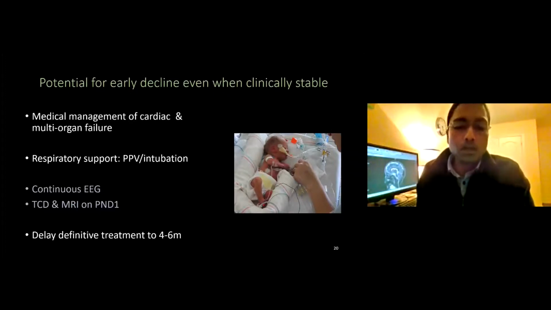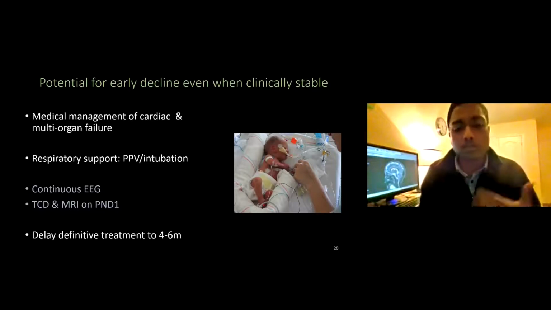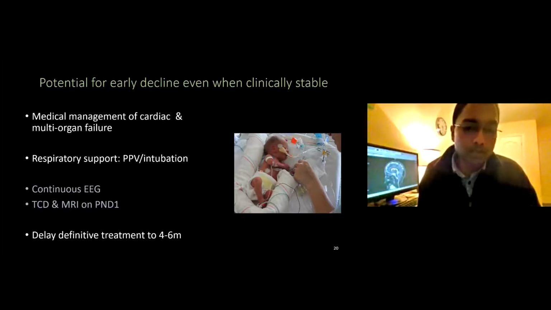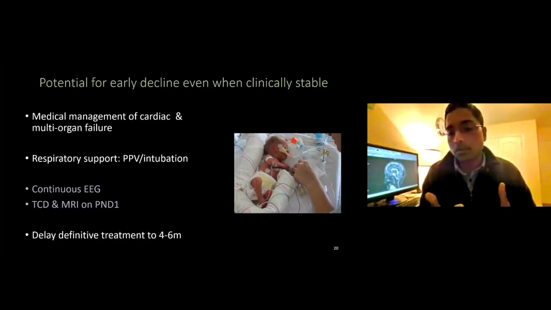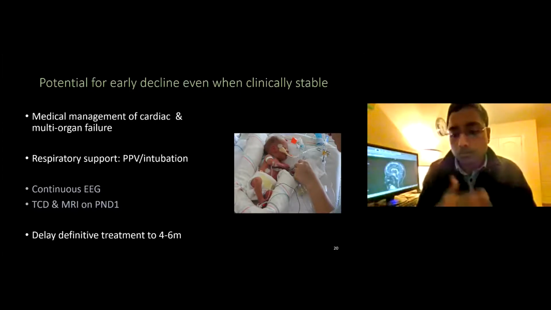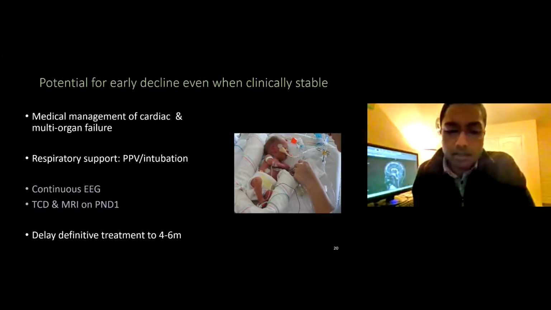And the first steps are obviously medical management of the cardiac failure and multi-organ failure with respiratory support. We keep all these babies on continuous EEG. On day one of their birth, they receive an MRI of the brain to see the prognosis, and they receive daily transcranial Dopplers as well.